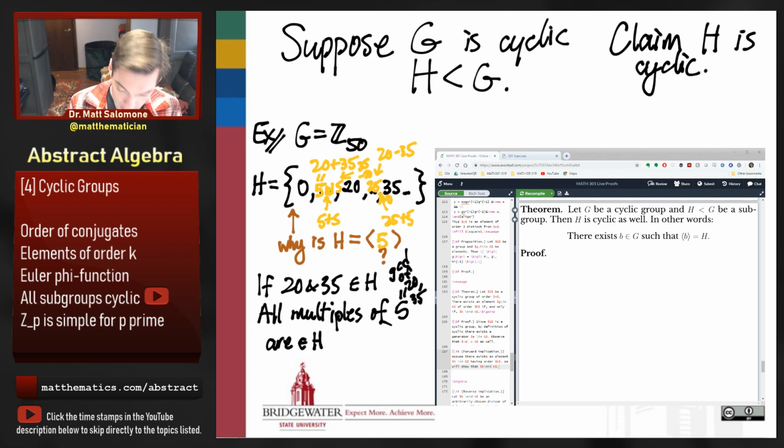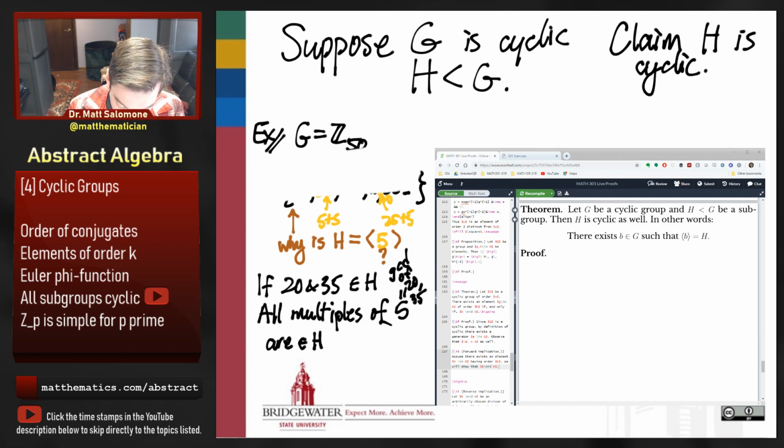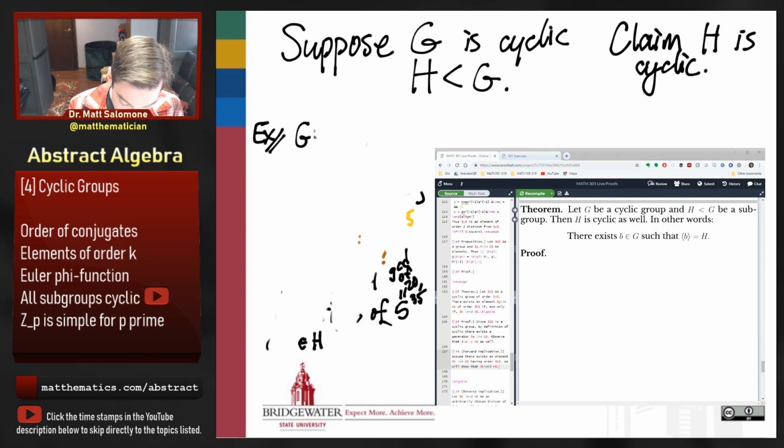So I suppose what we would do then is try and make the argument more generally like this.